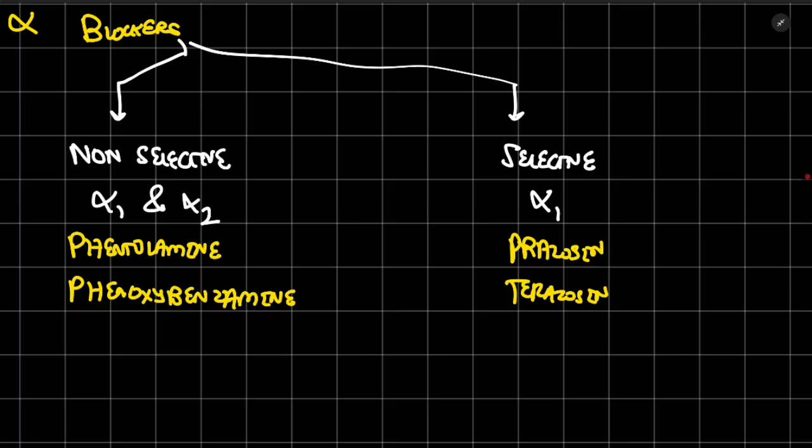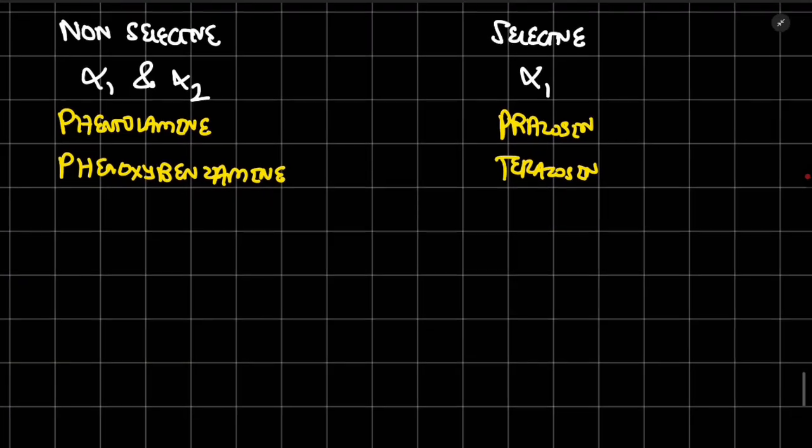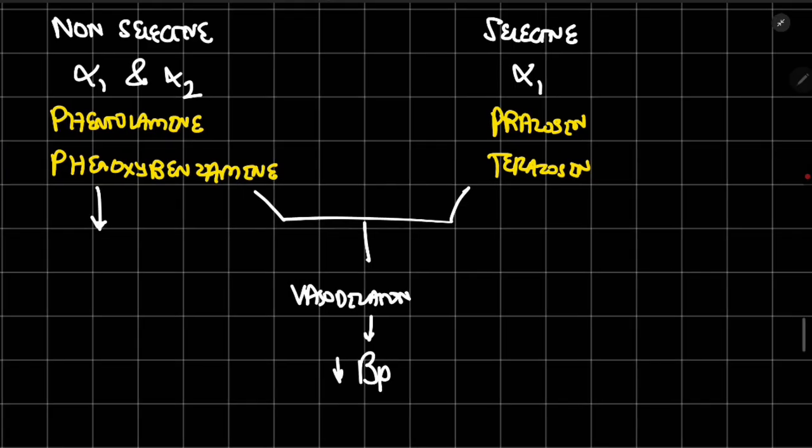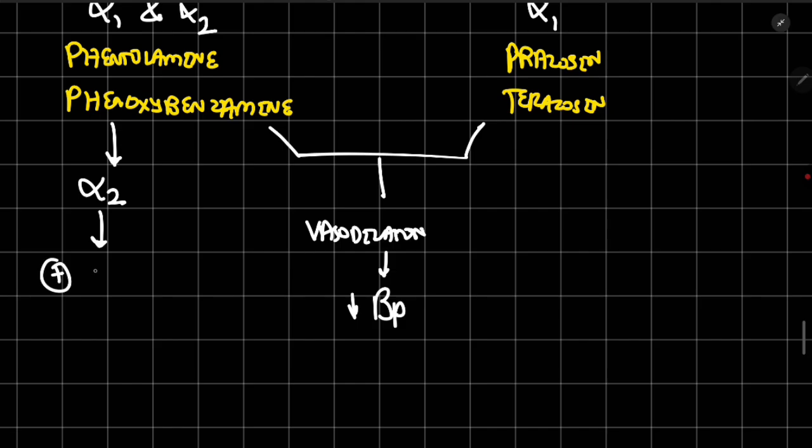Now the combined effect will be vasodilation, decreased BP. But one additional feature: since the non-selective drugs also act on alpha 2, we see increased noradrenaline levels. Since noradrenaline levels are increased, we see tachycardia.